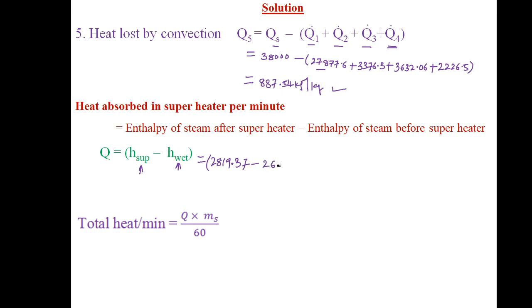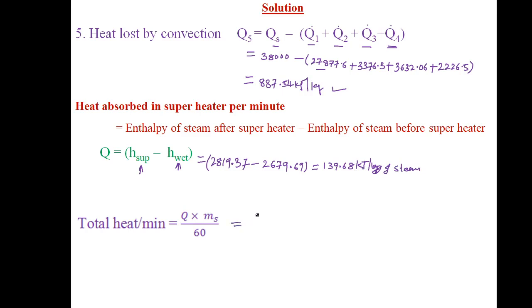This is nothing but 139.68 kilojoules per kg of steam. If 1 kg of steam is passed, then 139.68 kilojoules of heat energy is absorbed in the superheater.